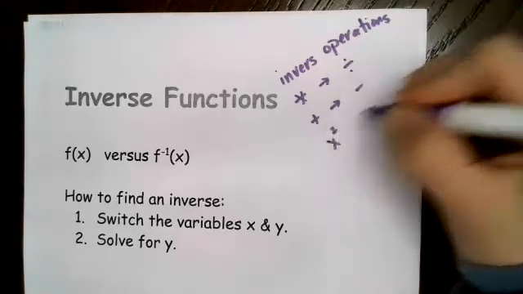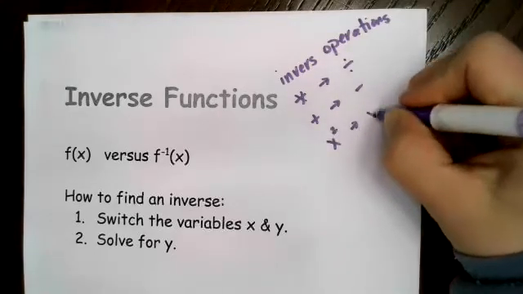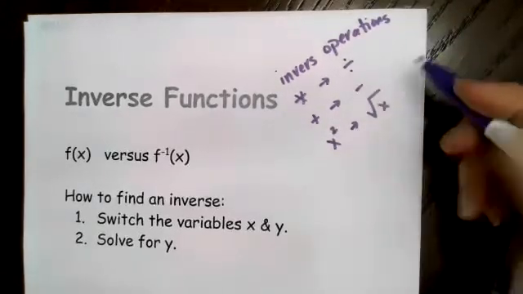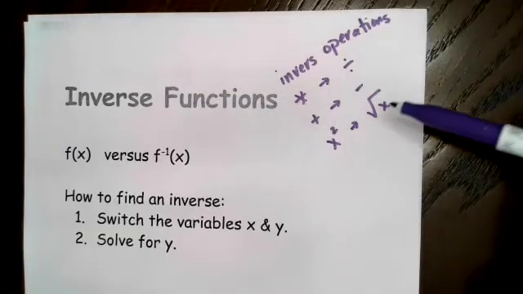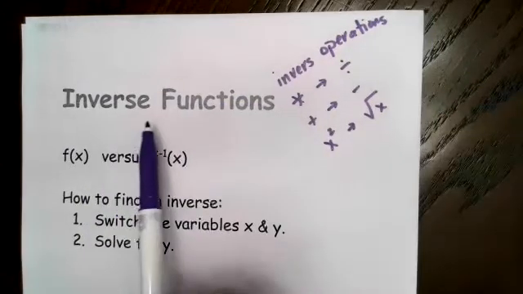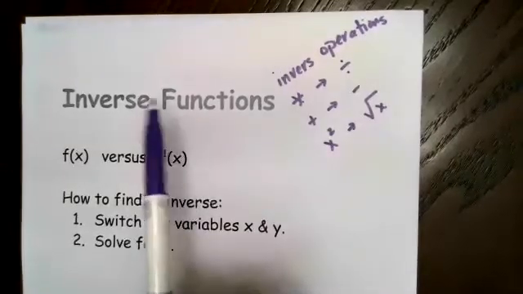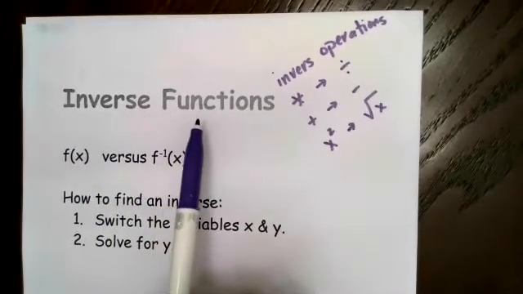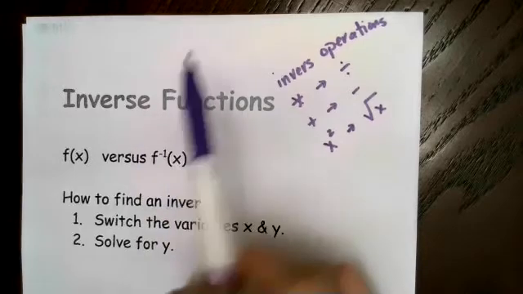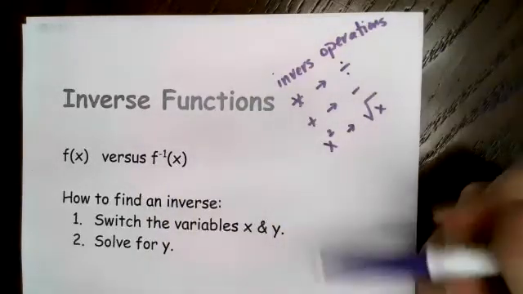If I am squaring, my inverse operation is square rooting. So inverse functions just takes a function and does the opposite or takes it back. So if my function is to add 4, then the inverse function is to subtract 4. If my function is to multiply by 4, then the inverse function will be to divide by 4. So it does the opposite so you can get back to the original.